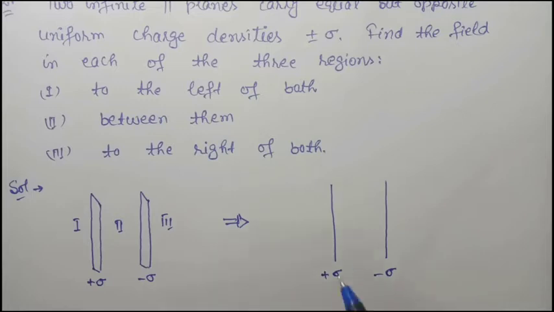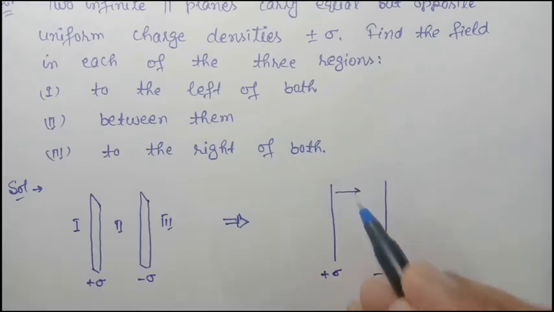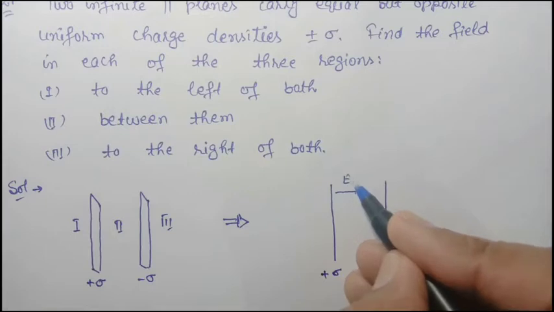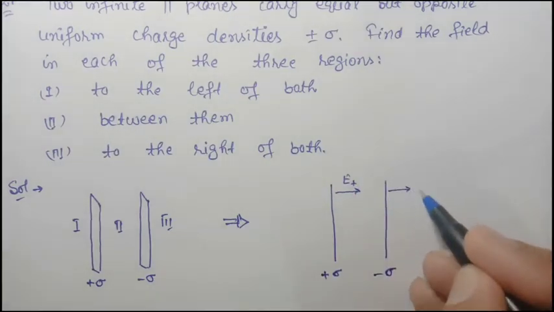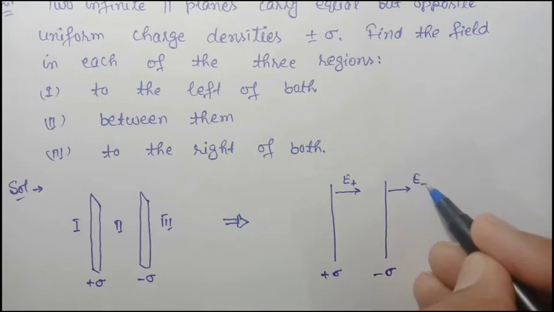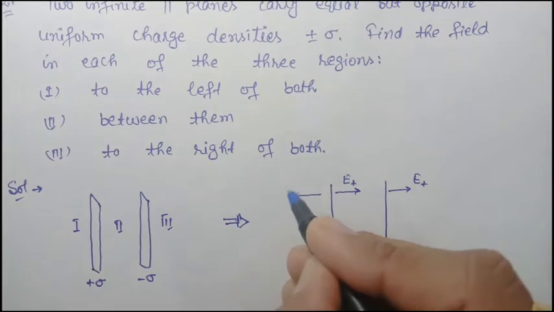So the first point is, when we have a positive charge, then the electric field moves away from it. That is, here we have E positive, that is electric field due to positive charge, and it is away from the positive charge, that is in this direction, like this.